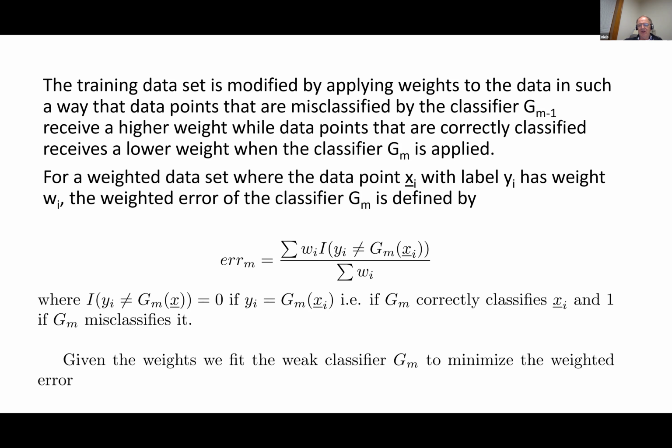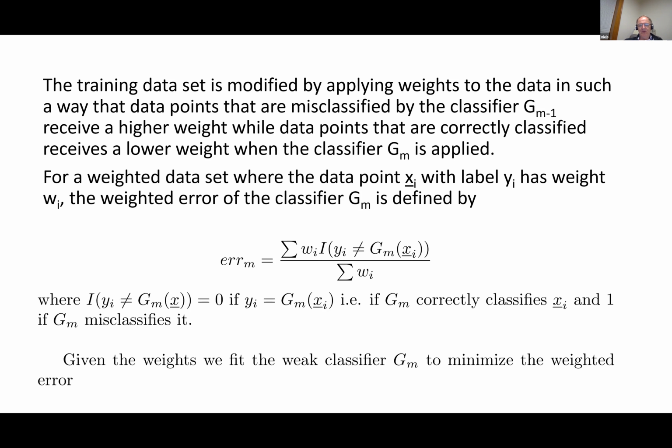Each data point is going to get a weight, and if the data point is misclassified by the weak classifier G_{m-1}, then next it'll get a higher weight, such that it'll have a better chance of being correctly classified by the next one. We'll see exactly how this works. So the data set is weighted. At the beginning, every point has the same weight. If we have 10 points, we give them all the weight 1/10.